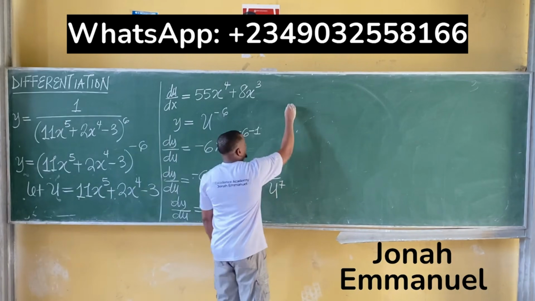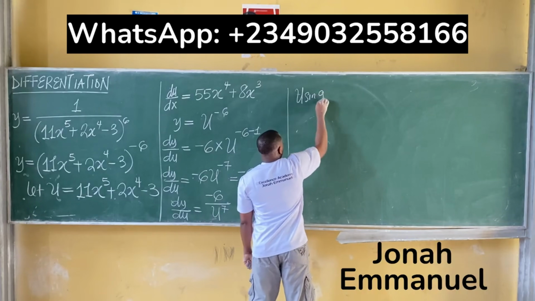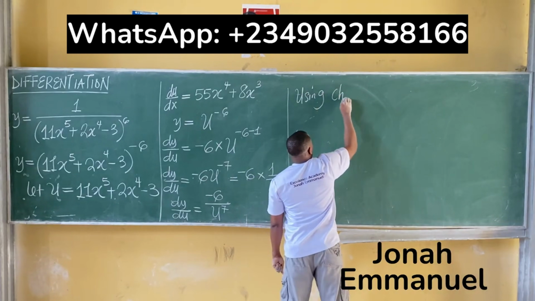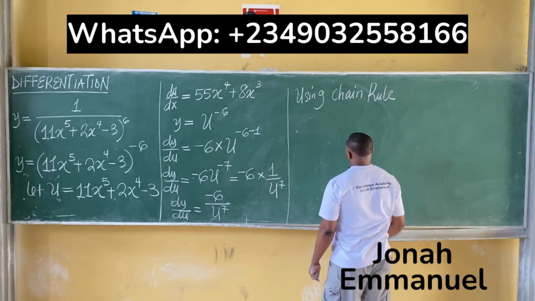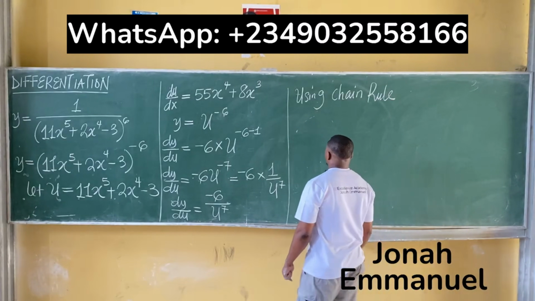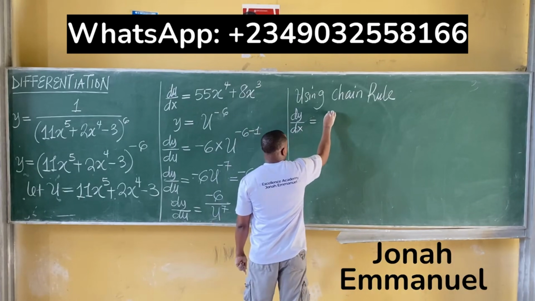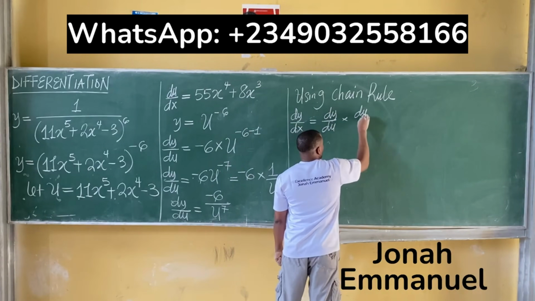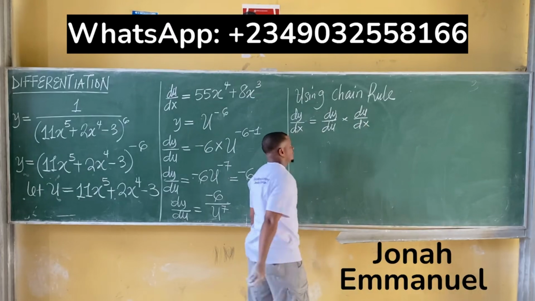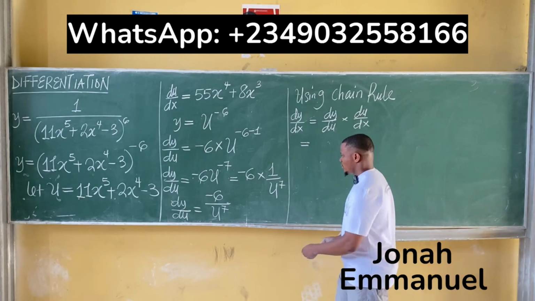All right. At this point, we can now say, using chain rule, dy/dx is equal to what there? dy/du times du/dx. dy/du is what there?